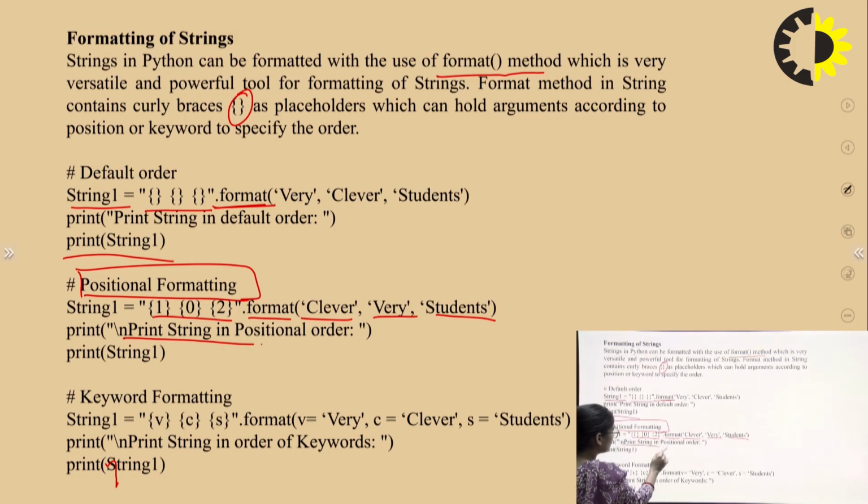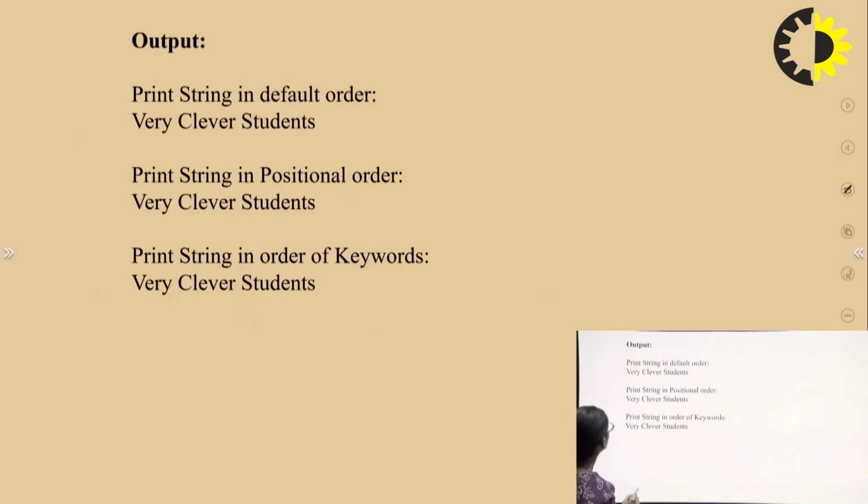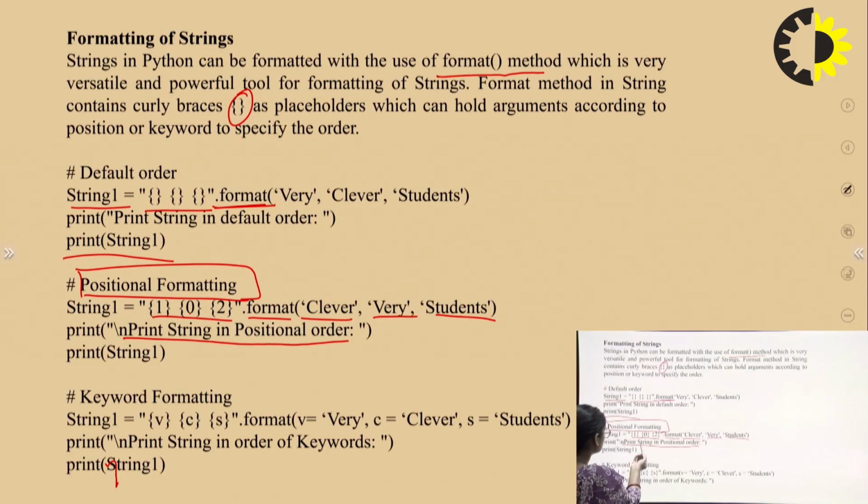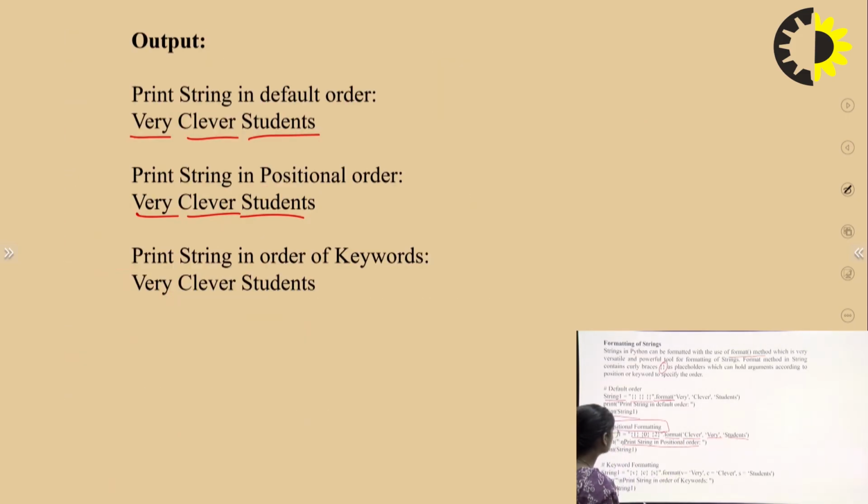Print string in positional order. So positional order is 0, 1 and 2. The output is very clever students. In positional order, very is 0, clever is 1, and students is 2.